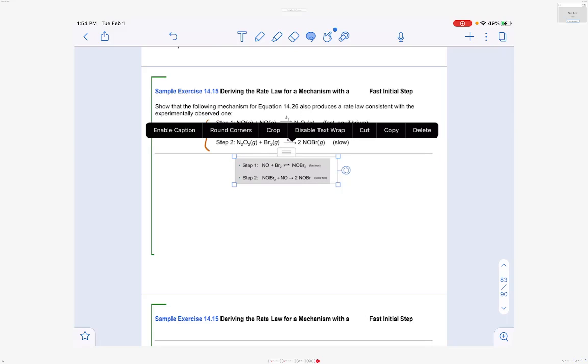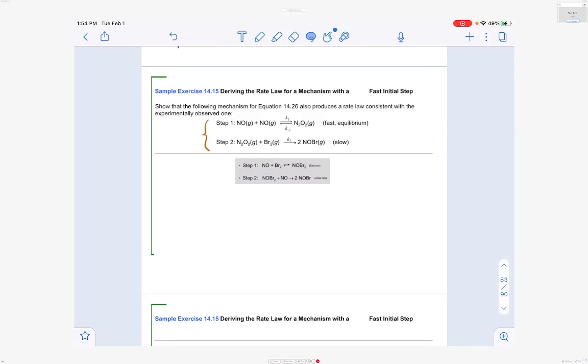Are they same or are they different? They are totally different. Step 1 mechanism, step 2 mechanism, they're different. This is what I proposed earlier, and this is what other people proposed.